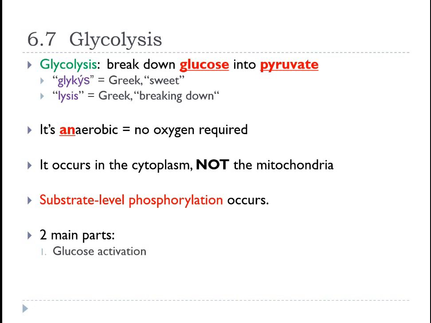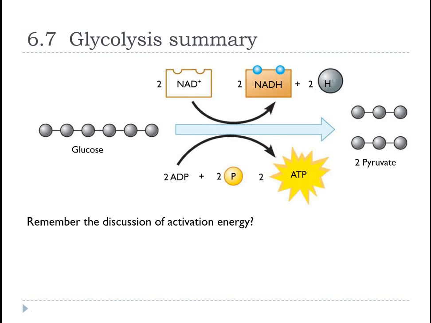And there's two main parts. There's going to be the ability to break glucose down and then extract some energy from it. So here's the big picture. Glucose comes into the cell, and it's 1, 2, 3, 4, 5, 6 carbons. So let's go ahead and write that down. 1, 2, 3, 4, 5, 6.